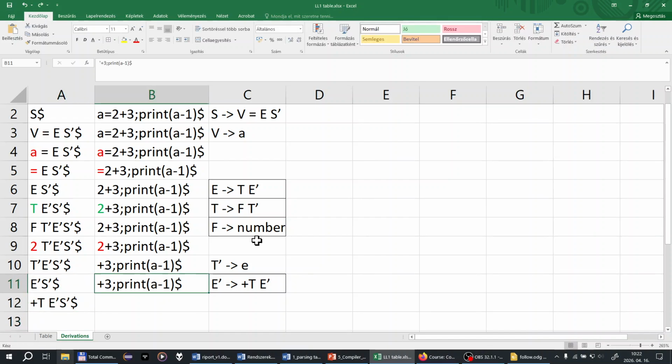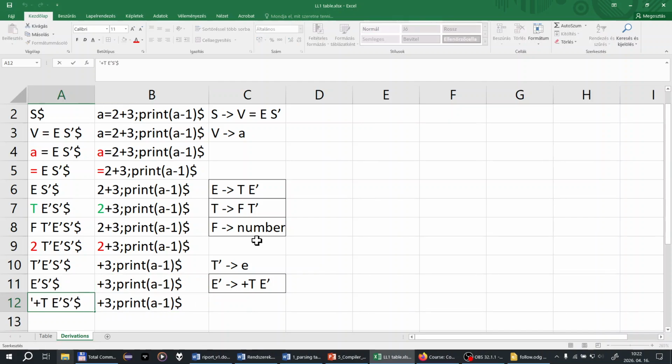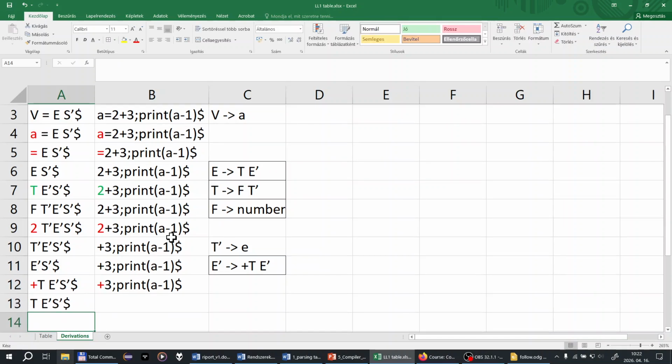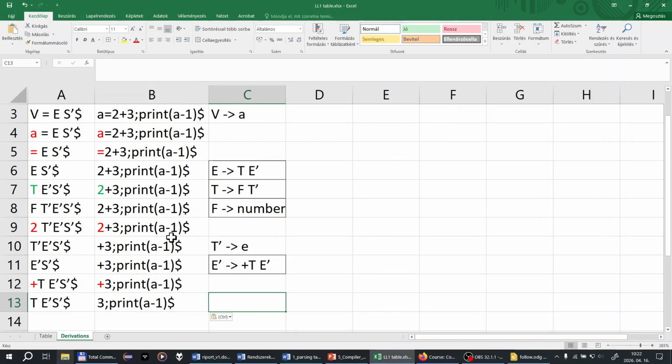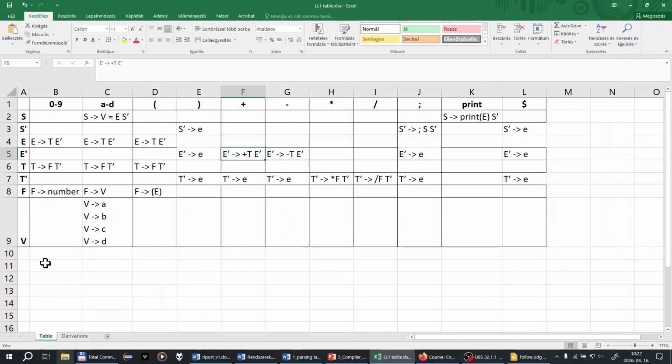And then we have this one in the input, so we can eliminate the plus sign. And then we have TE prime S prime dollar, and here we have a number, and for the T and the number, here we have T to FT prime again.